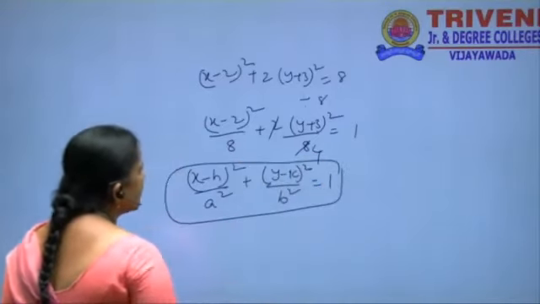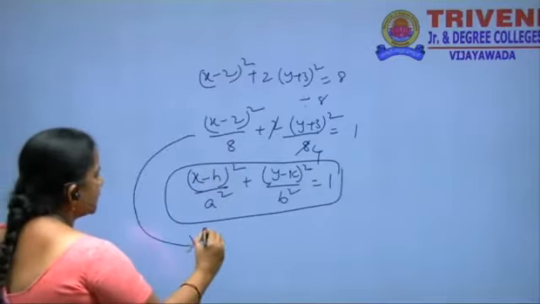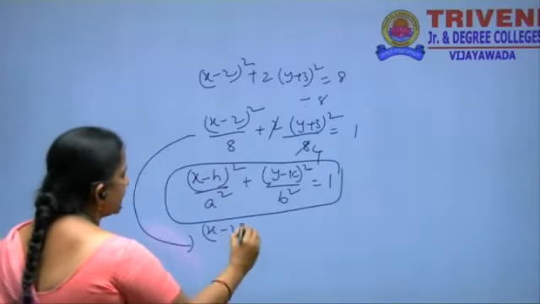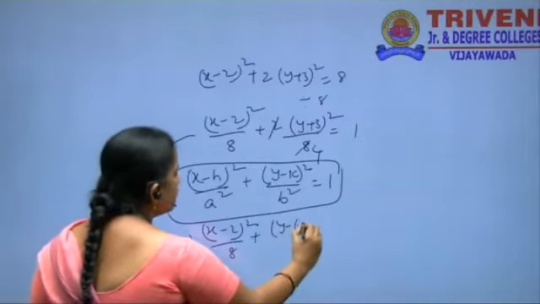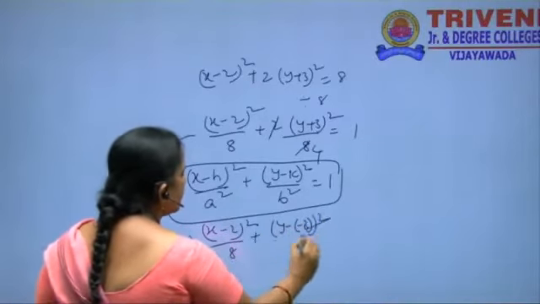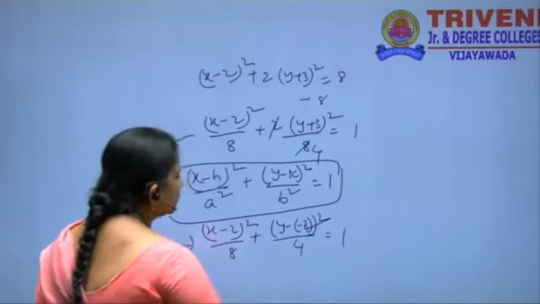Here, to find the value of h, k, we have to convert this to (x minus 2) whole square by 8 plus (y minus of minus 3) whole square by 4 is equal to 1.